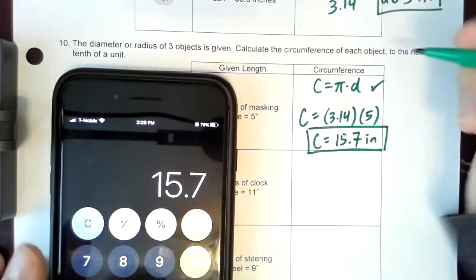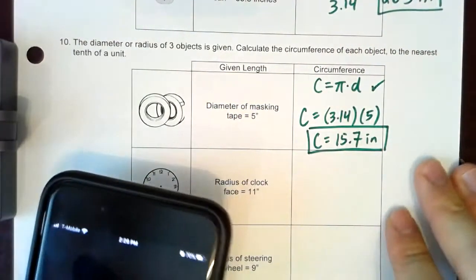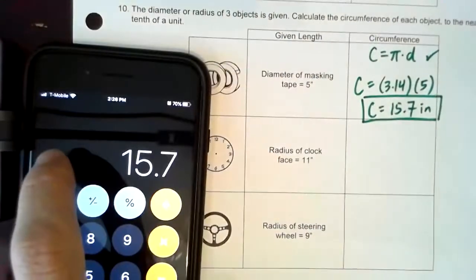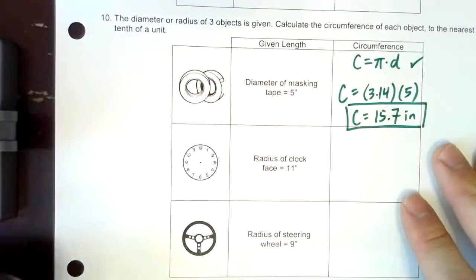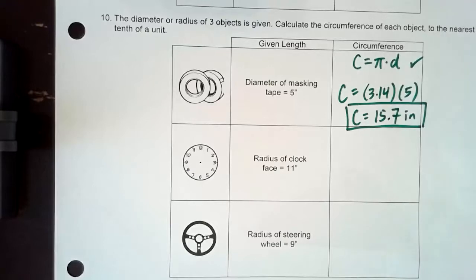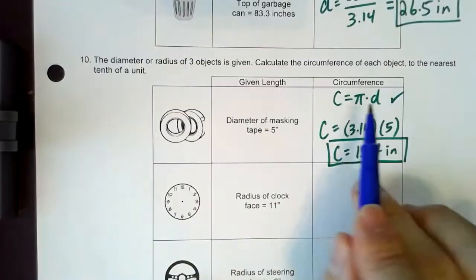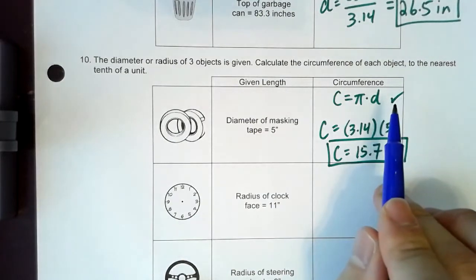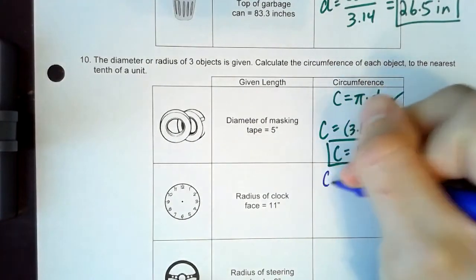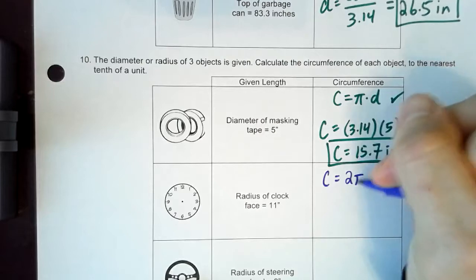Always start with the formula, class, because we'll be using a lot of formulas from here on out. So you want to make sure you understand which formula to use. Okay, so for these next two, we'll be dealing with radius. So you don't want to use C equals pi times D anymore. You want to use C equals 2 pi r.